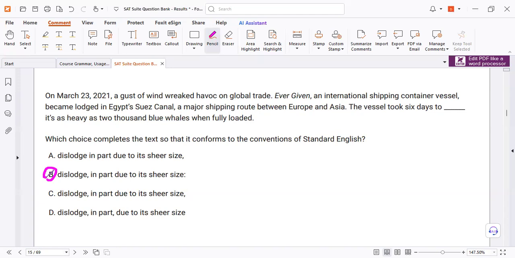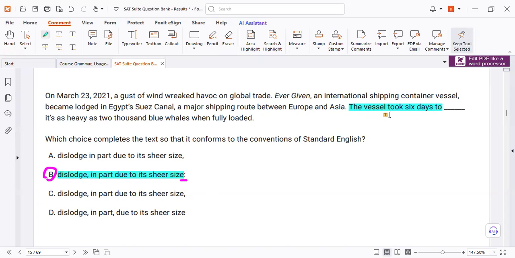Let's follow the rules. Before choosing punctuation, I must check. I take from the beginning to the full stop.